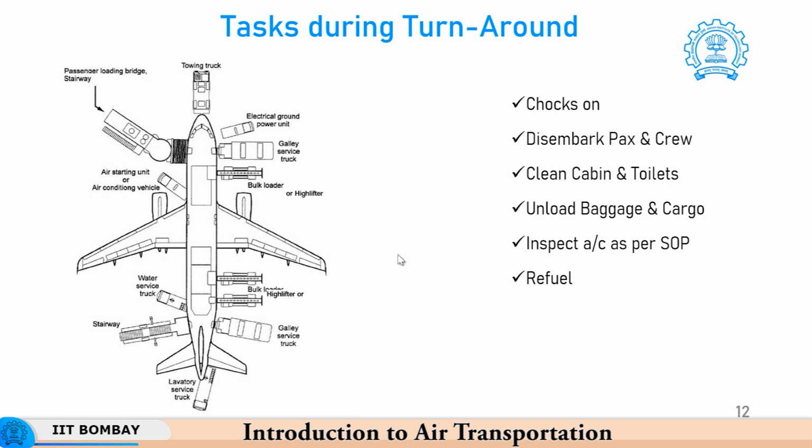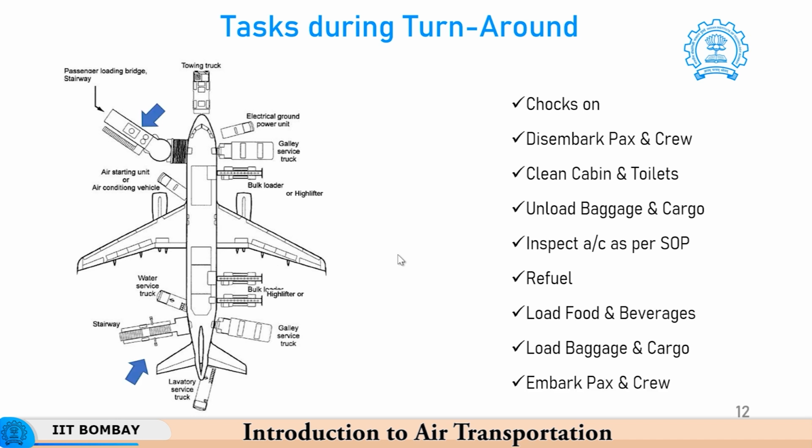Then you do refueling of the aircraft. So, you load the food and beverages using the galley service trucks. Generally we use both the front starboard or right door and the rear starboard or right door, because generally there are two galleys, one in the front, one in the back, especially in the medium range airliners. And then in parallel the cargo and the baggage of the next flight is being loaded and passengers are also embarking on the aircraft along with the crew members.